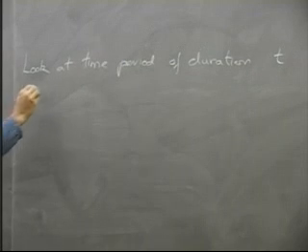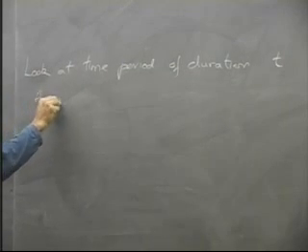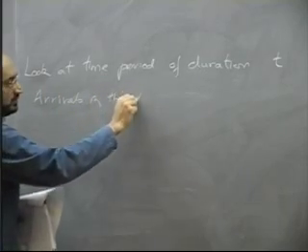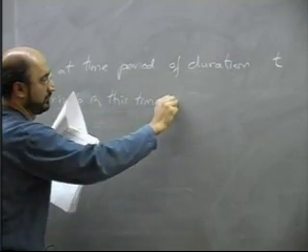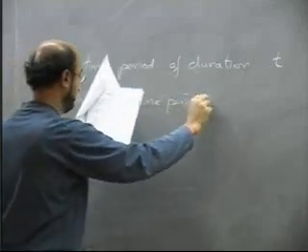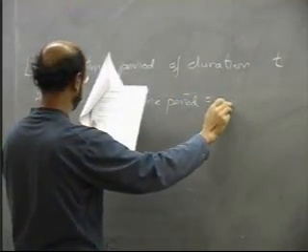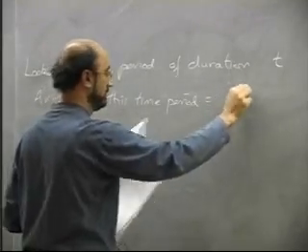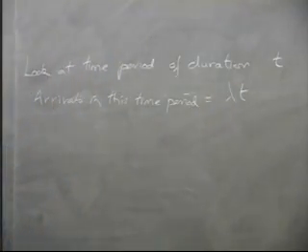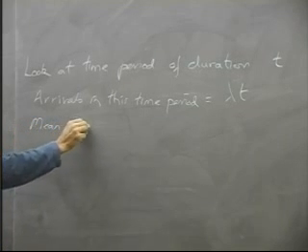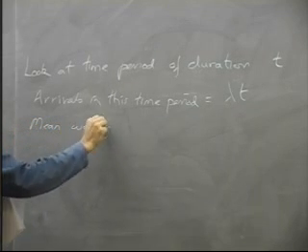Okay, so the number of arrivals in this time period is nothing more than lambda t. Okay, and the mean waiting time, we know that, that's just capital T.